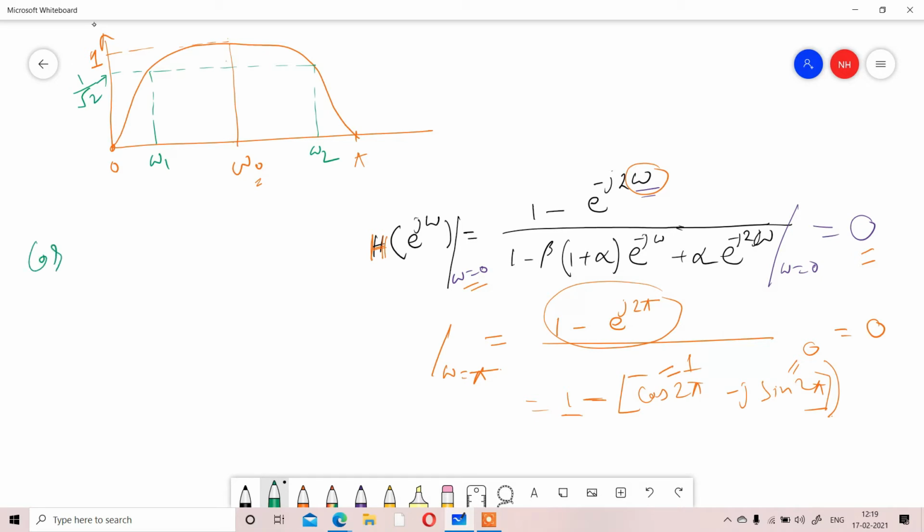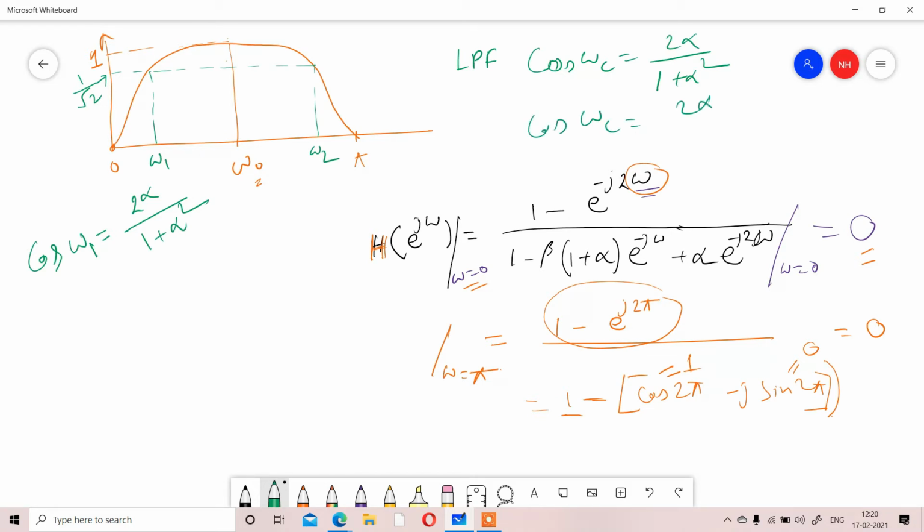So simply you can write cos omega 1 equal to 2 alpha by 1 plus alpha square. For the low pass filter we have got cos omega c equal to 2 alpha by 1 plus alpha square, and for the high pass filter also cos omega c equal to 2 alpha by 1 plus alpha square.